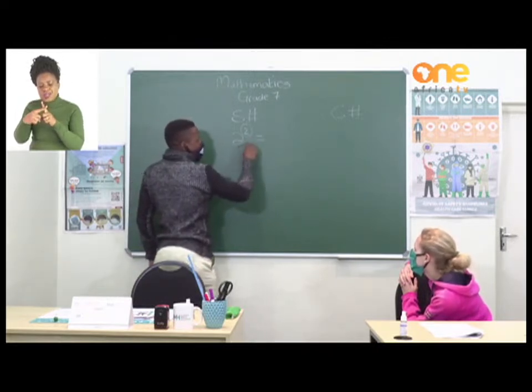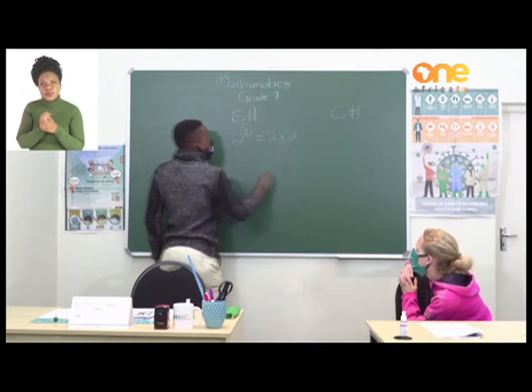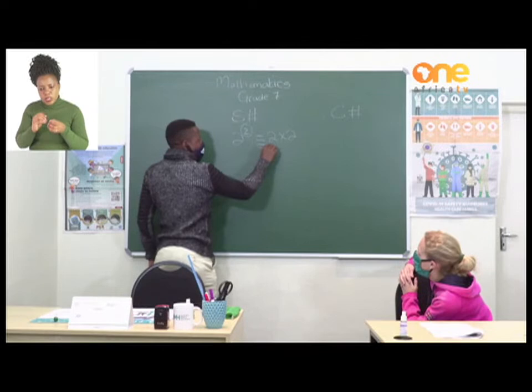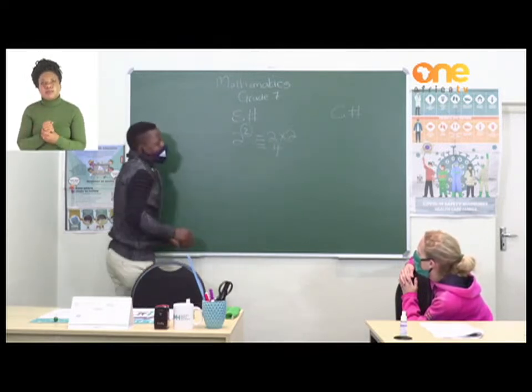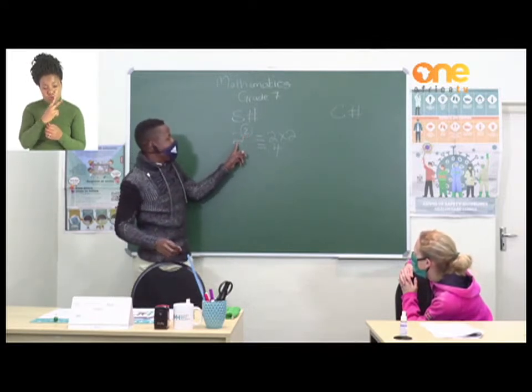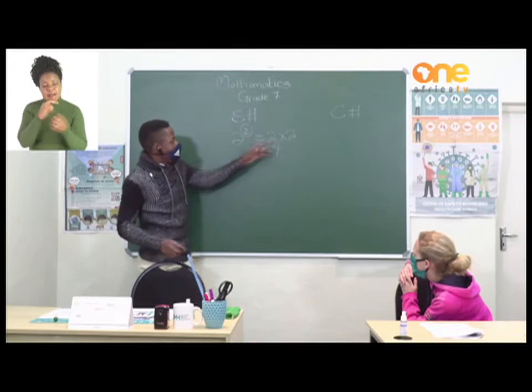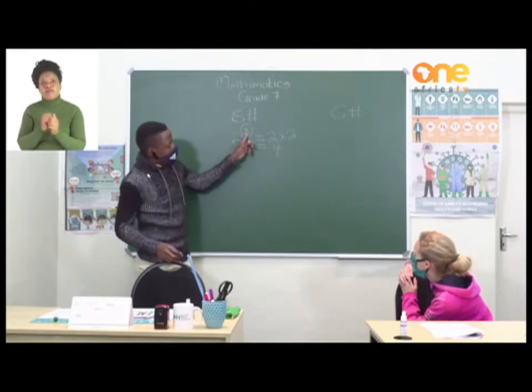You say 2 times 2 to give you a 4. So if you look at this 2, it means this number has to appear twice. That's why there's a 2 here.